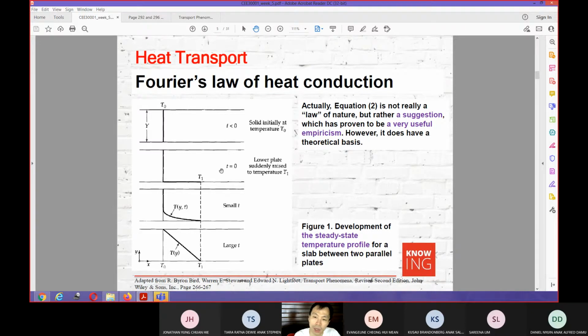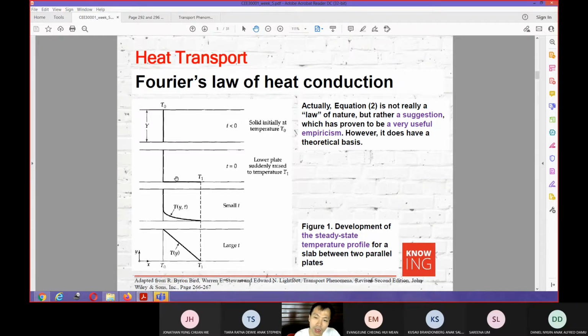Then at a particular time t equals 0, you suddenly bring the bottom parallel plate into contact with a hot plate. If you go to the lab, some of you will stir or heat a beaker filled with liquid using a hot plate.